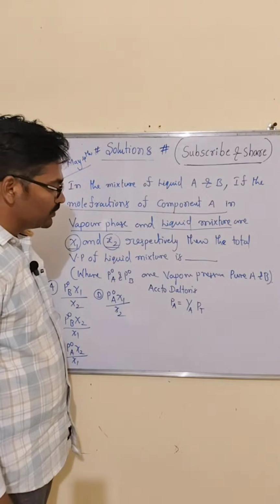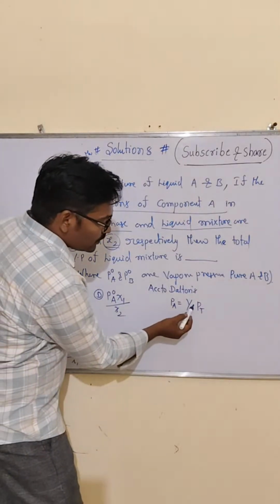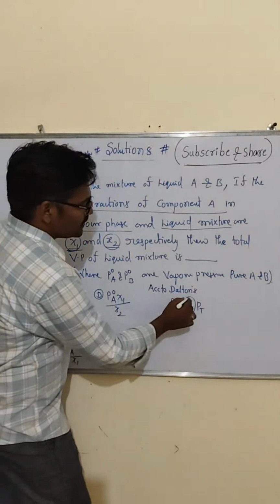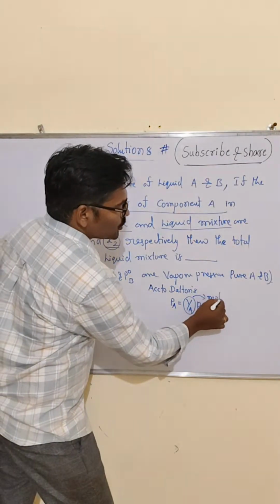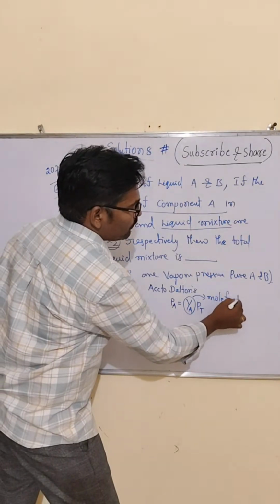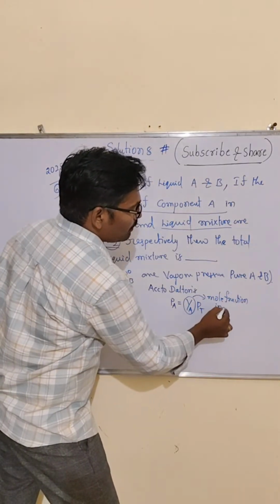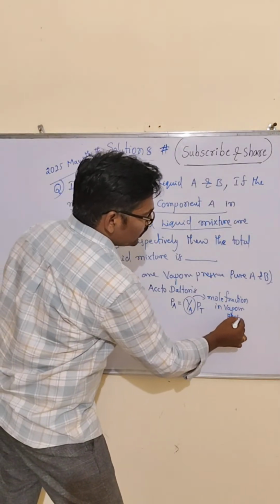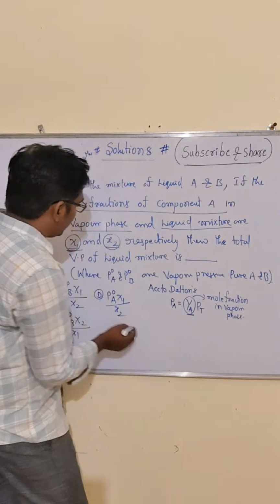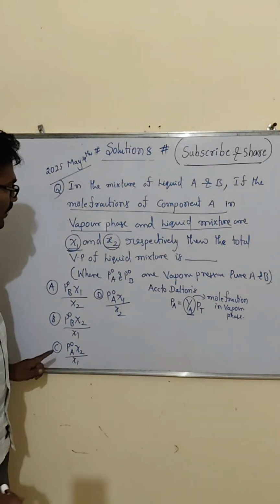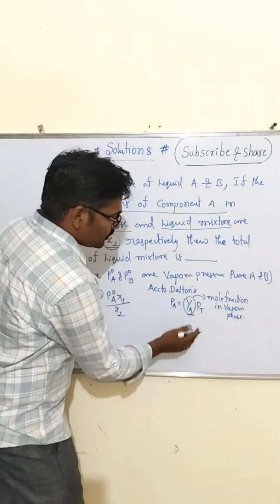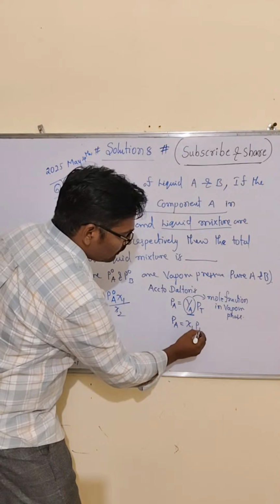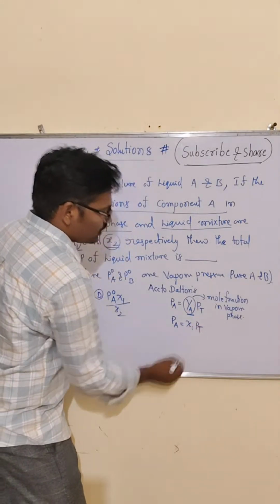In the place of this, they mentioned X1, the mole fraction in the vapor phase. Remember, they mentioned the vapor phase mole fraction as X1. So if you keep X1, then P total will be there like this. This is the formula.